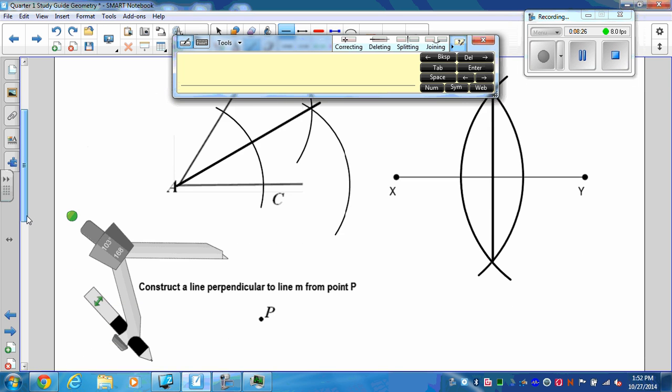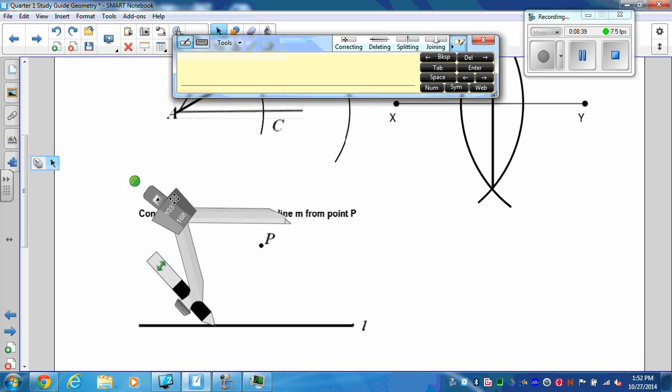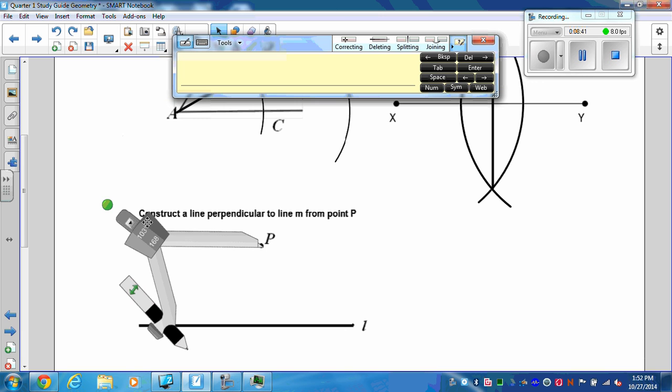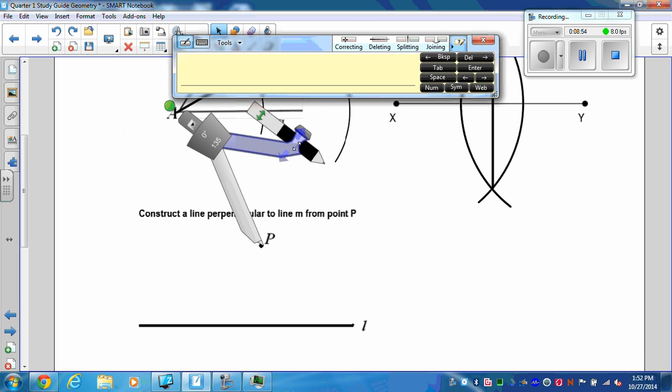So finally, we're going to construct a perpendicular from the point P. So we're going to place our compass on P. And I want to adjust this just a little bit so that it will cross the line twice.